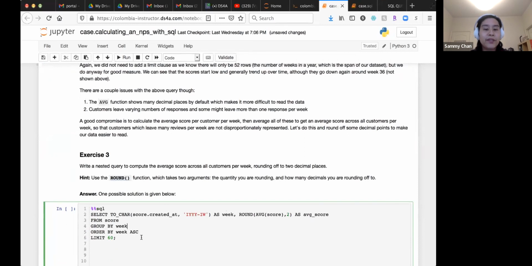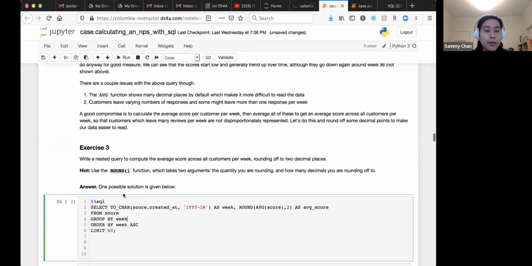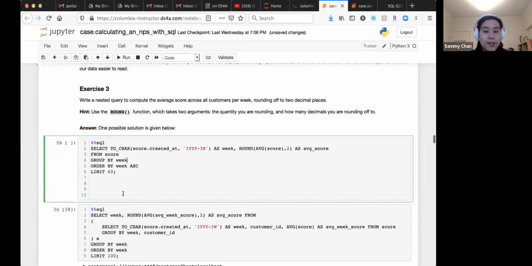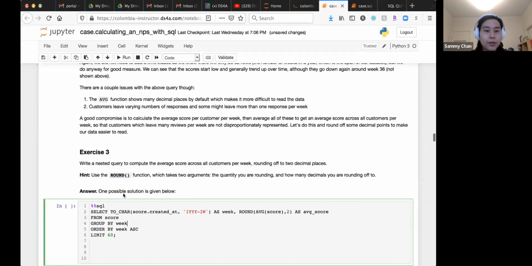So in the previous query, we are computing the average for all customers. And then I think right now we are asked to compute the individual customer average rating per week.